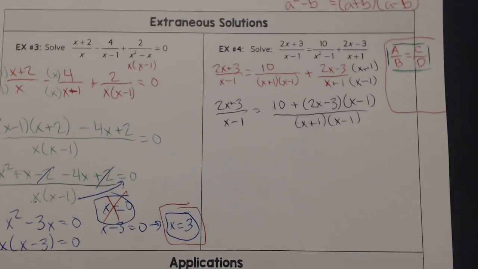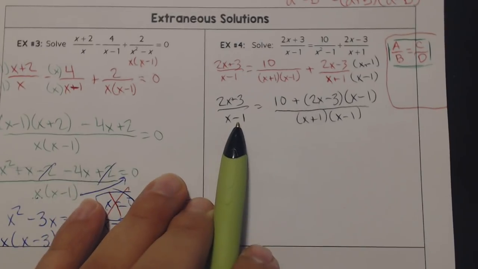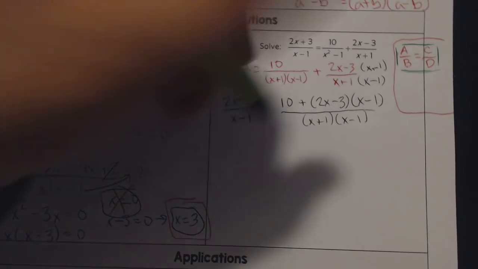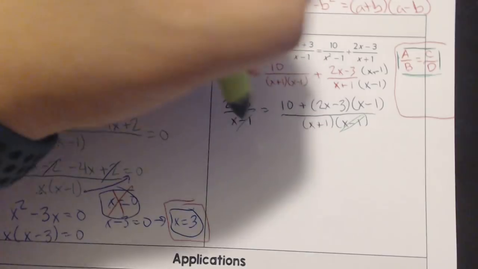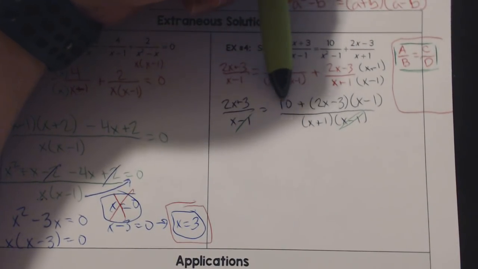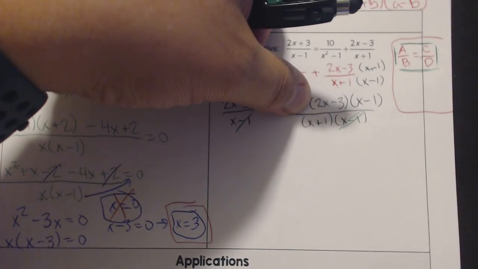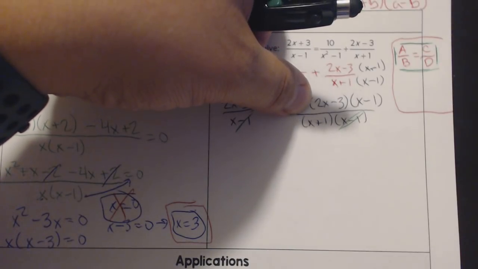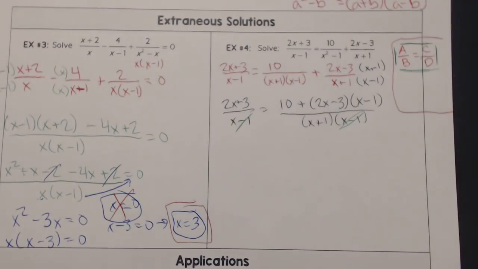So what I have here is an x minus 1 and an x minus 1 horizontally that cancel. Now, some of you might ask, well, Mr. Arias, why not the x minus 1 in the numerator? Because there's this plus 10. If there was no plus 10 here and it was just like this, then yes, we can cancel vertically. But because of this plus 10, we can't do that.